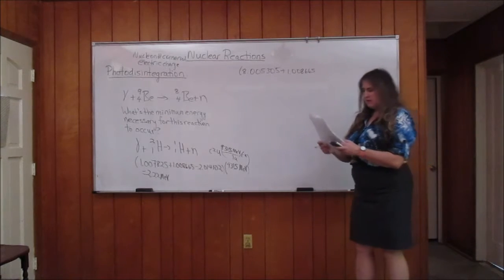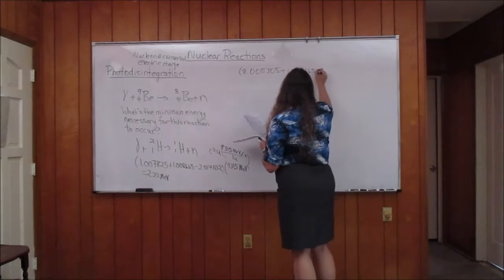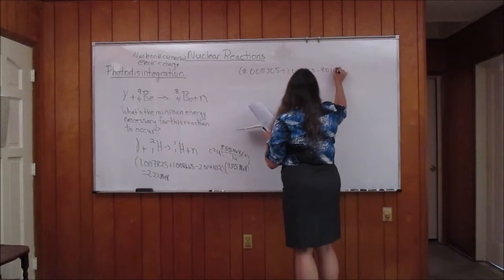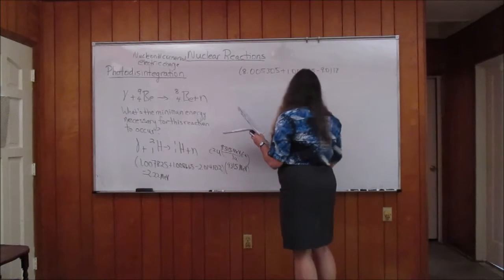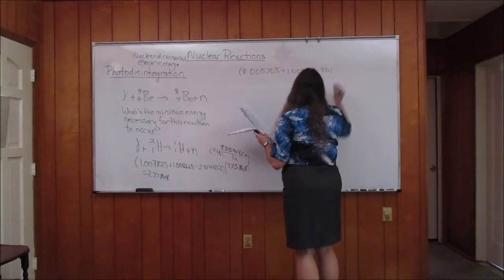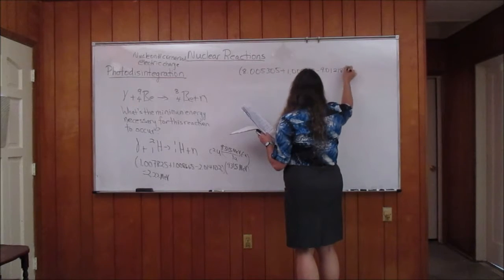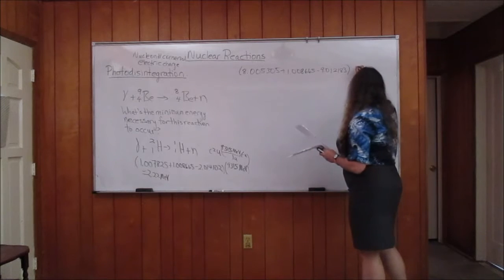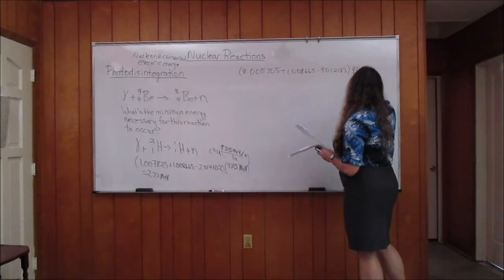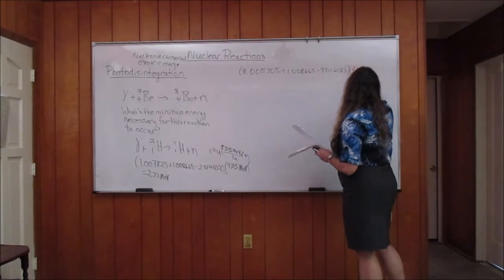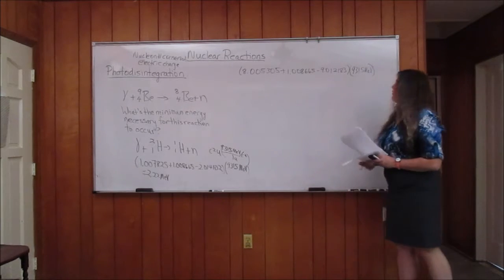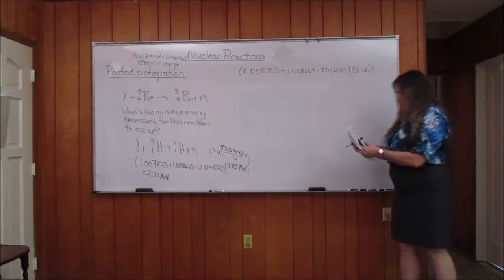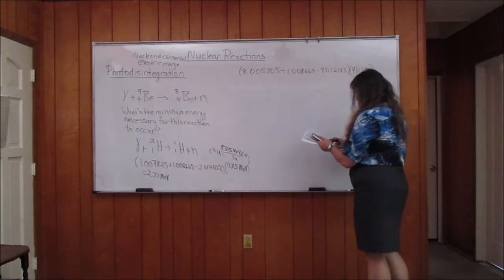And finally, the mass of beryllium-9 is 9.012183. Again, multiplying by the conversion factor, we're multiplying by 931.5 mega electron volts. You need to do the math.